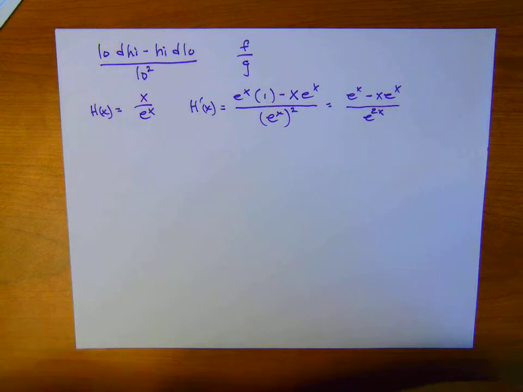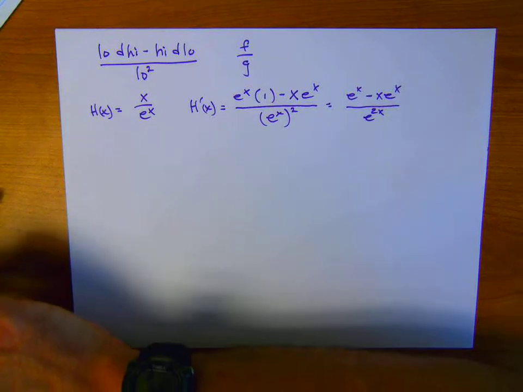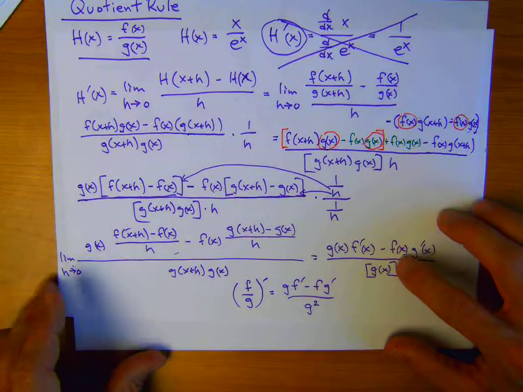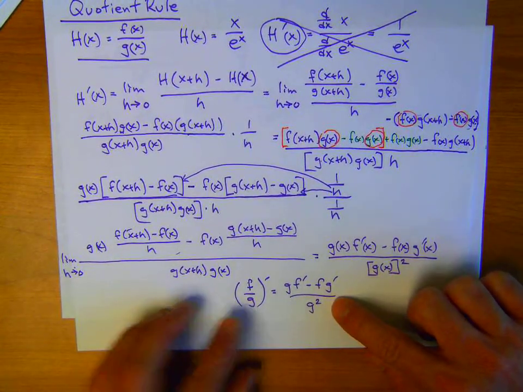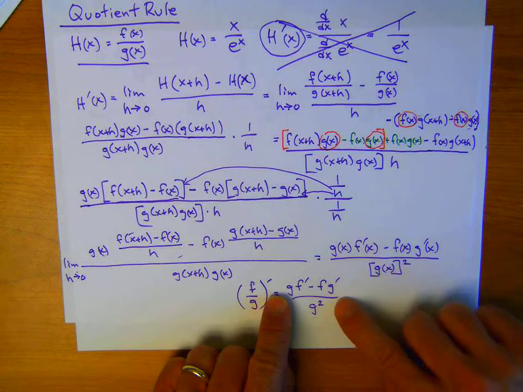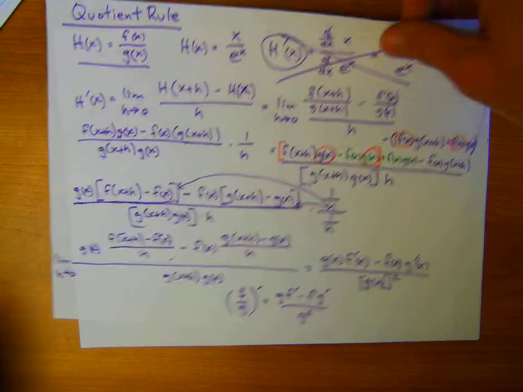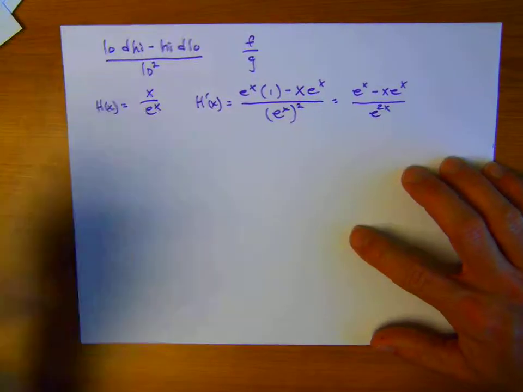Now what I would like to do is go through a couple more examples of how to use the quotient rule. It's not as simple as the product rule. And one thing I do need to point out is that order matters with the quotient rule. Let's remember the product rule first.